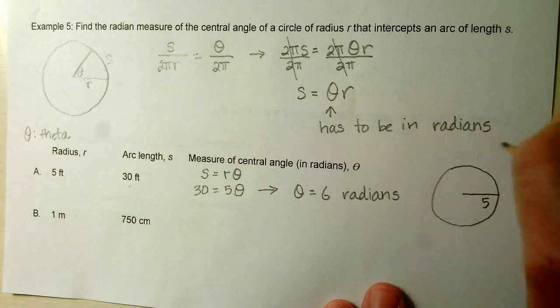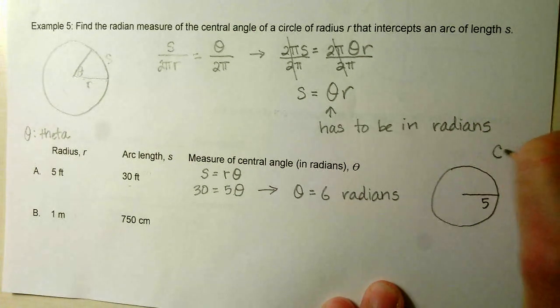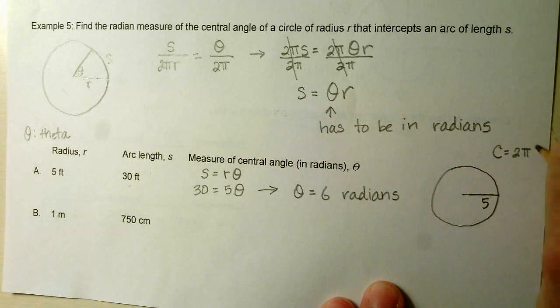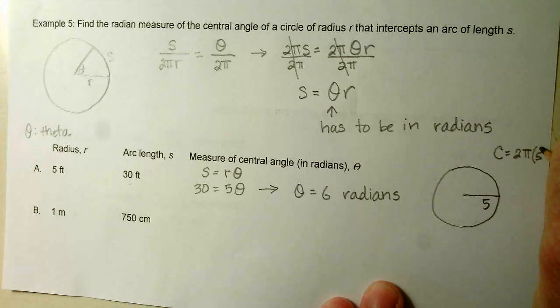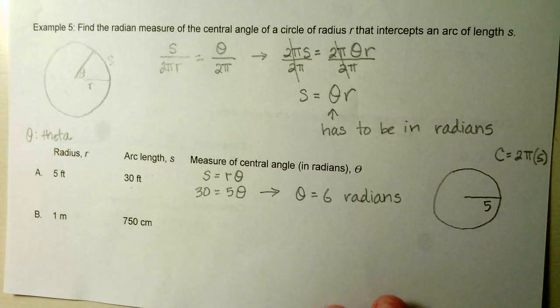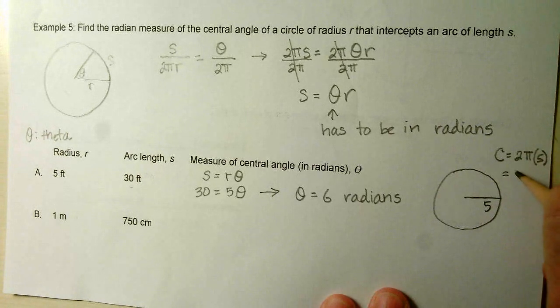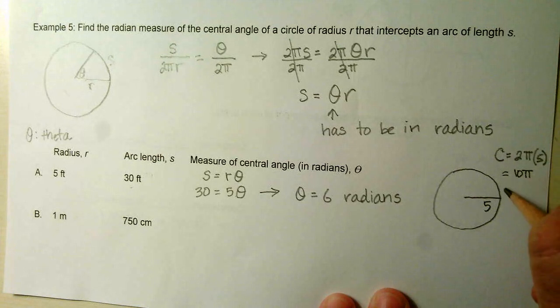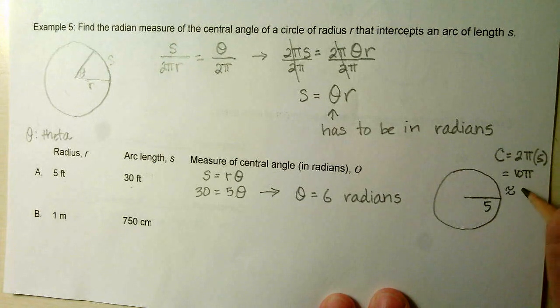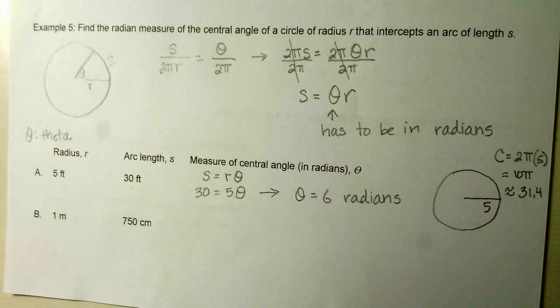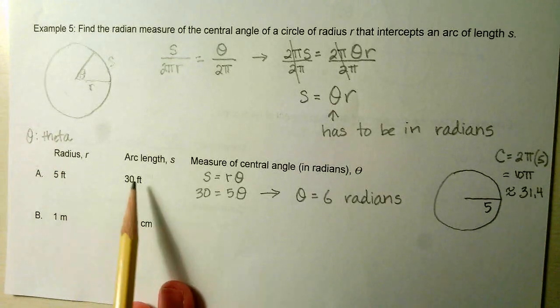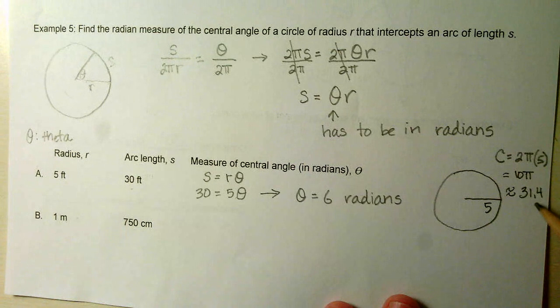If you think about this, the circumference is going to be 2 pi times 5, so that is 10 pi. Pi I'm going to estimate as 3.14, so this is going to be about 31.4. So 30 is pretty close to 31.4.